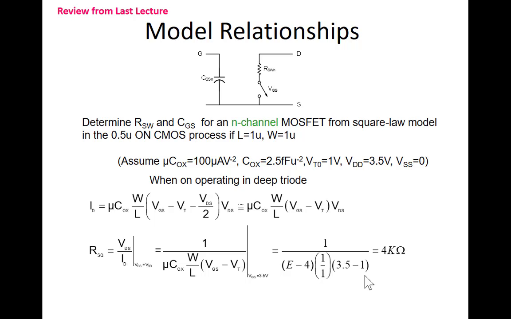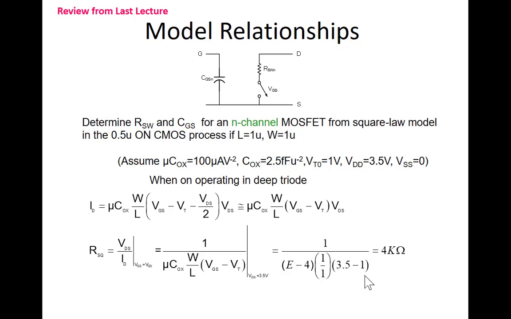So in this case, it will be Cox, which is 2.5 femtofarads per square micron, and the area was assumed to be 1 square micron. So the CGS will be 2.5 femtofarads. A little bit different than we had before.